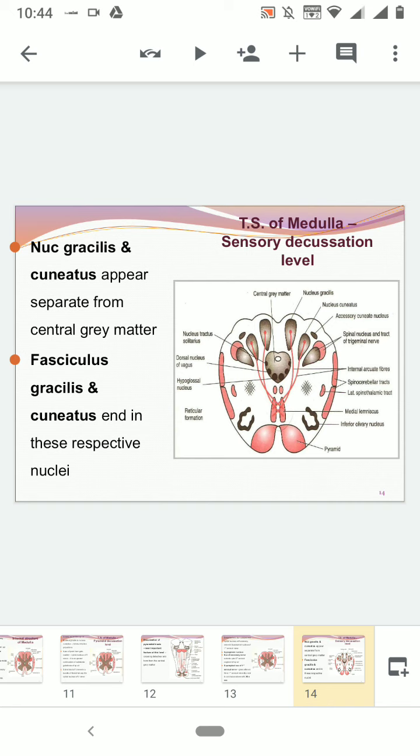You can see the fibers from the nucleus gracilis and nucleus cuneatus crossing in the midline, and they form the medial lemniscus. This is very important because this is the only characteristic feature of this level, that is the sensory decussation. So they cross and they form a tract, which is called the medial lemniscus. And remember, all sensory tracts have to go to the thalamus. So this medial lemniscus will reach the thalamus for relay.